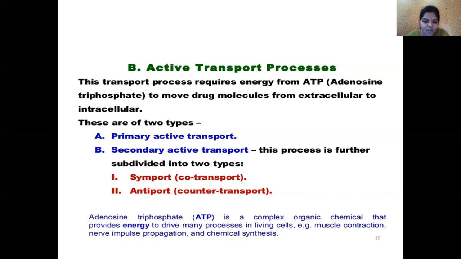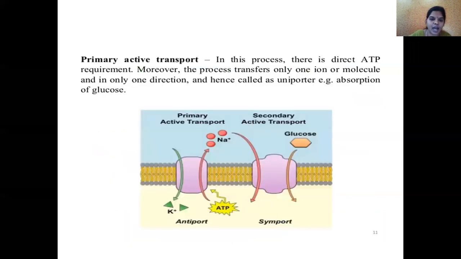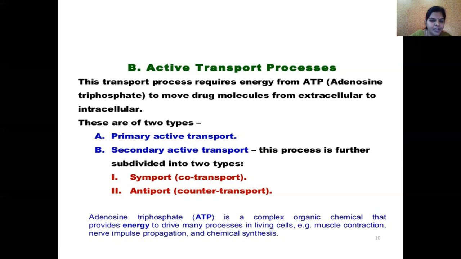For example, muscle contraction, nerve impulse propagation, and chemical synthesis, right? These processes need some ATP to carry themselves out. In that, there are two types, primary active transport as well as secondary active transport.